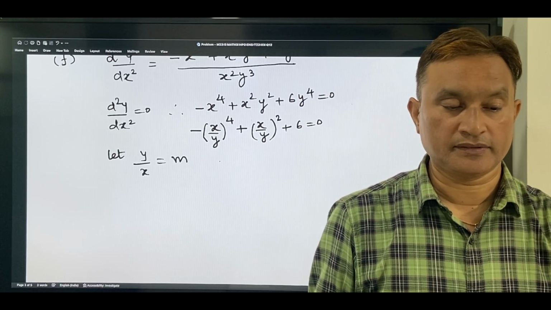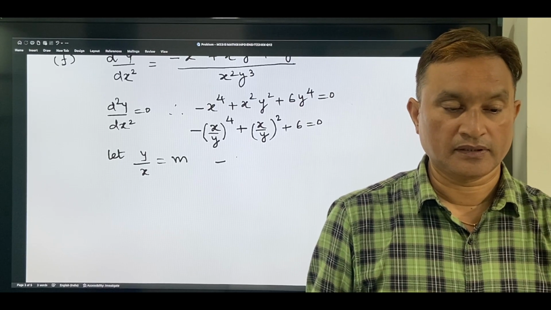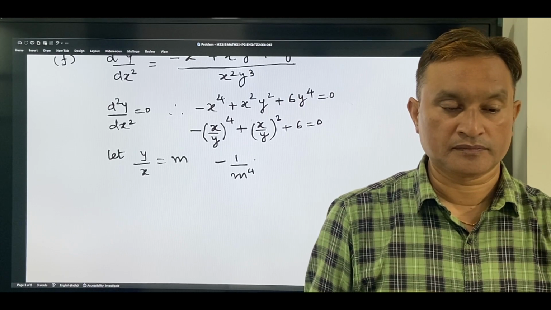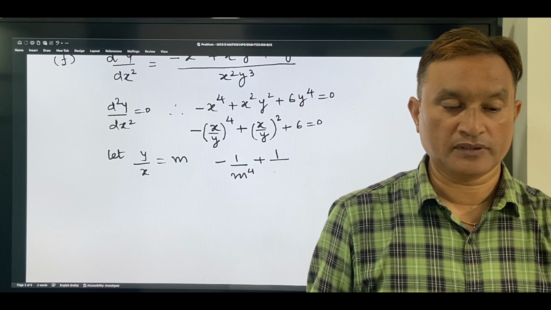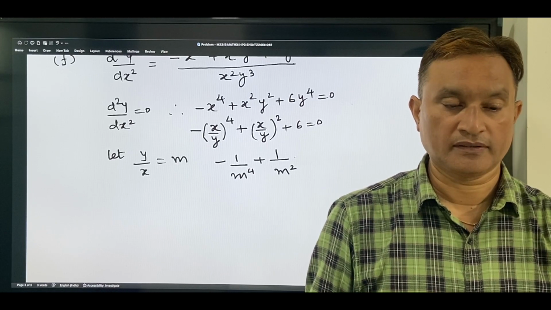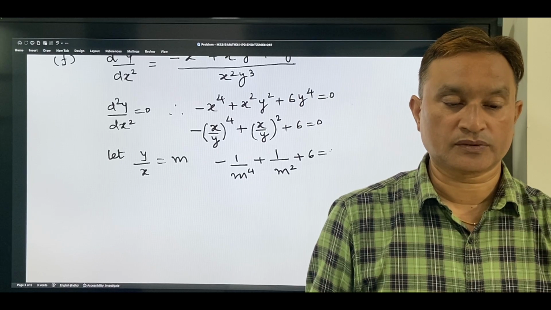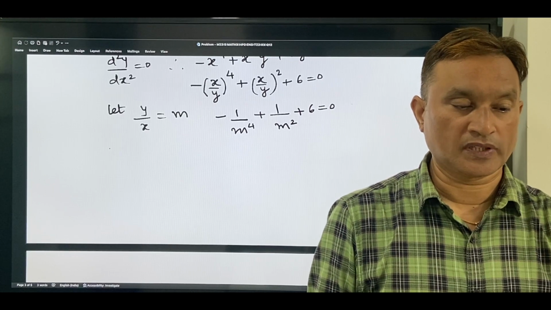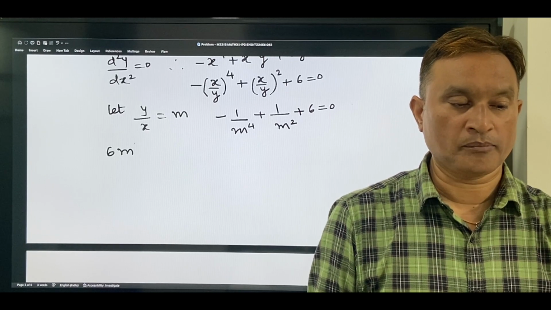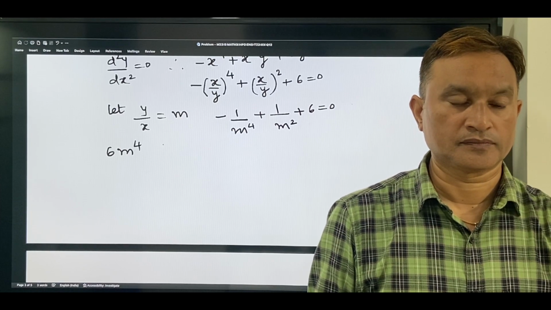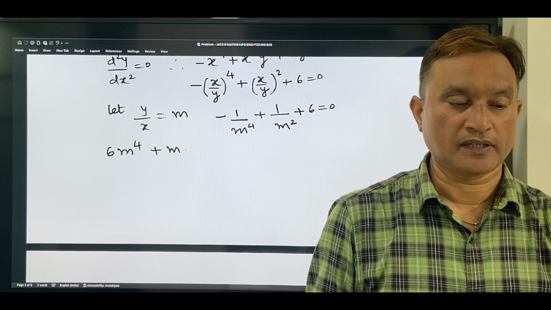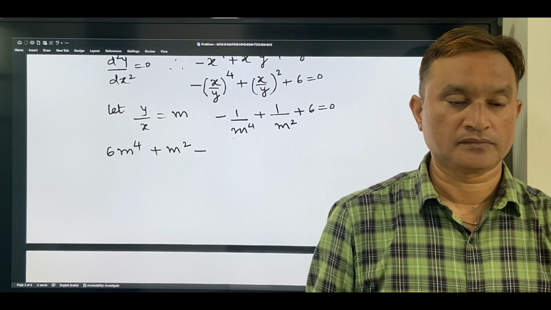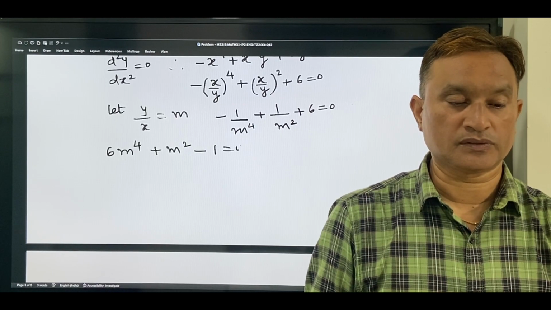So we can write here minus 1 upon m power 4 plus 1 upon m square plus 6 equals to 0. We can write 6m power 4 plus m square minus 1 equal to 0.